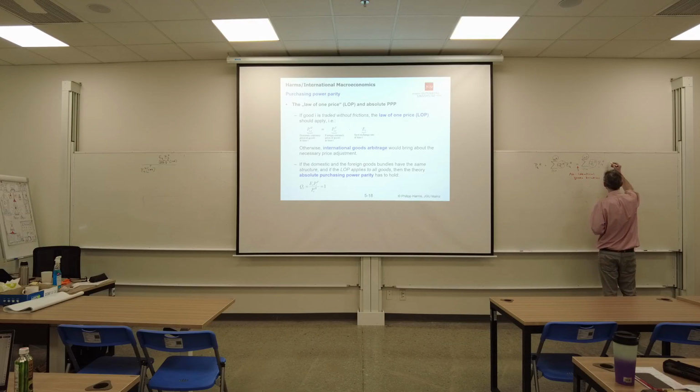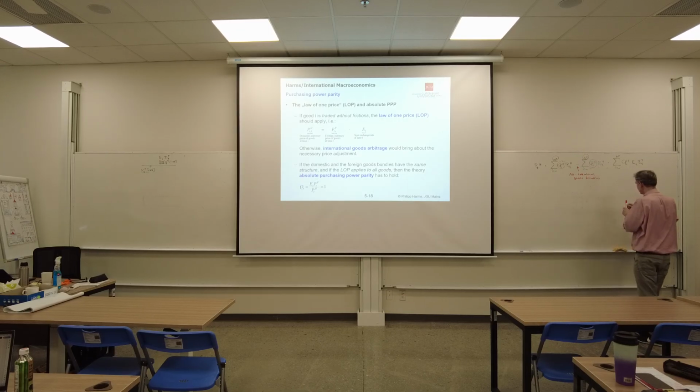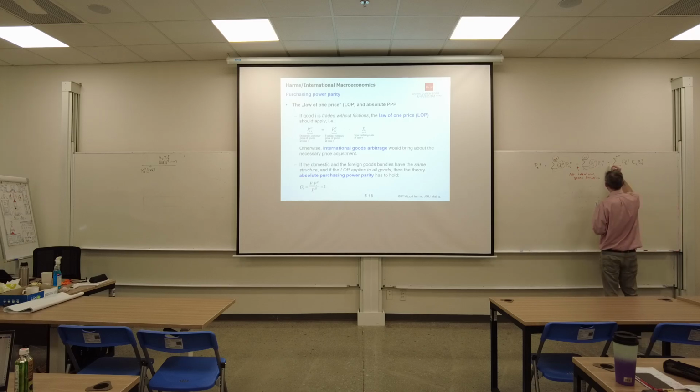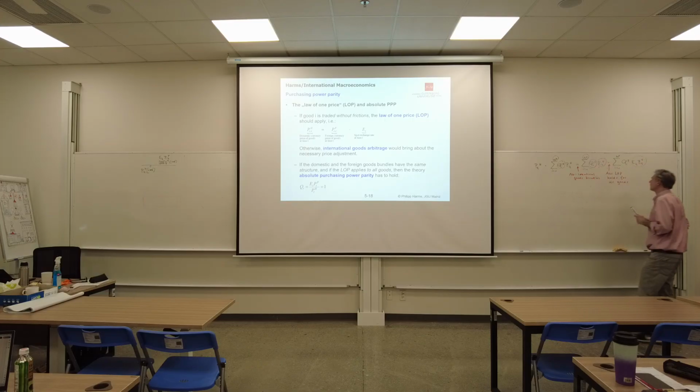And the next thing is, we can write this as the sum over i equals 1 to N_F of phi_i^F E_t P_it^F, if the assumption holds that the law of one price holds for all goods. Right? And so we have invoked the law of one price.